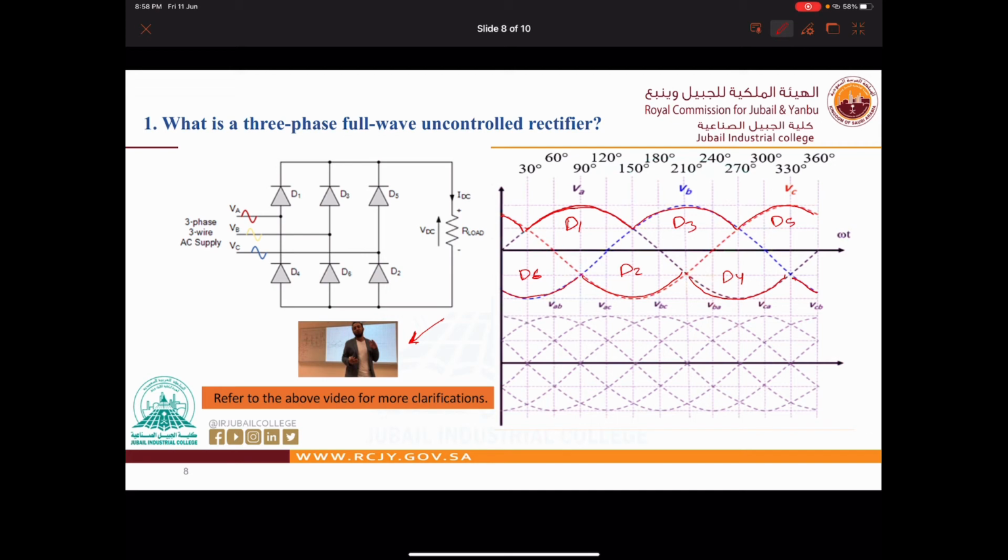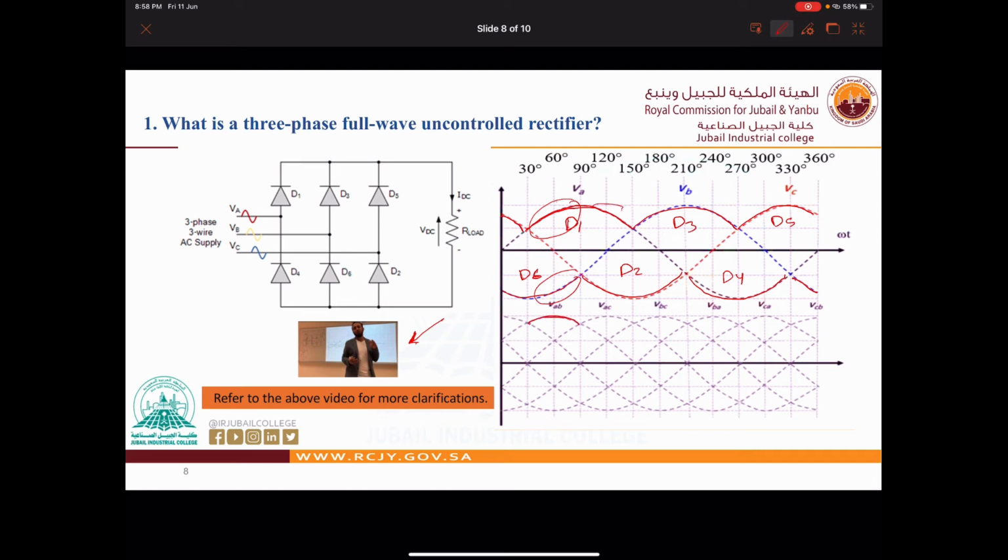This is for the three-phase full wave uncontrolled rectifier. Again, from this 60 degrees, we can identify that D1 and D6 are working together. That's why we have VAB.